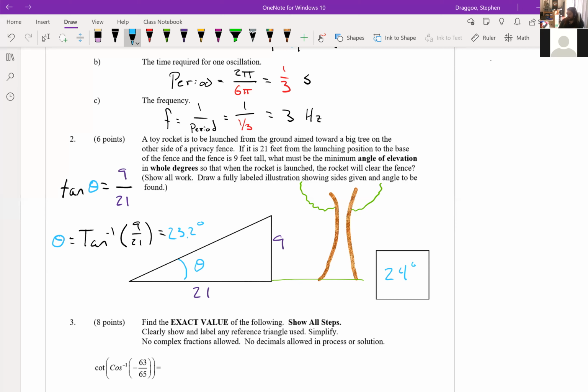So because it asked for the minimum angle, we'd actually round up no matter what the decimal is in this particular case. Most questions aren't asked that way, but this one had a bit of a fancy wording to it. So I rounded up to 24 degrees because I needed the minimum angle rather than the nearest whole angle.